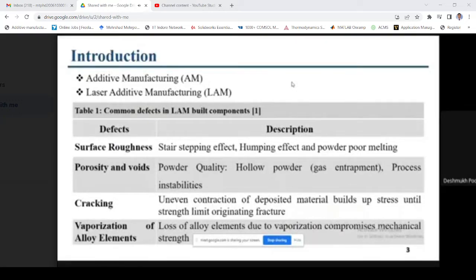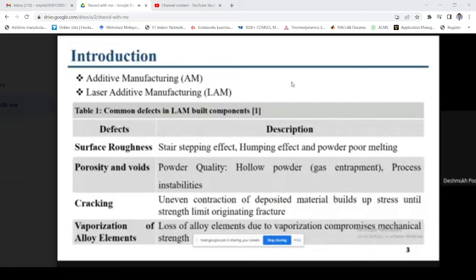Despite this advantage, it has limitations, because it has defects like surface roughness, porosity and voids, cracking, and vaporization of alloying elements. These defects are attributed to the stress trapping effect due to the overlapping. Sometimes the metal powder may contain gas entrapment.